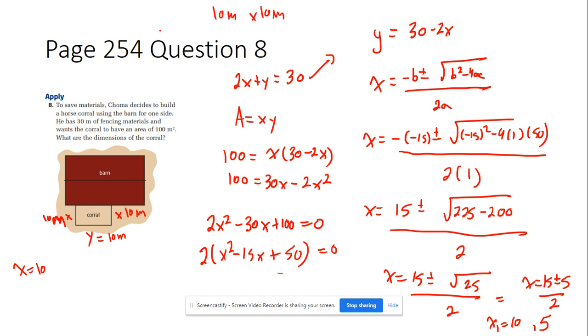Or it could be, if x is 5 meters, 5 meters, 5 meters, then 5 plus 5 is 10, and we have 30 altogether, that means this is 20 meters like this. So it's 5 meters by 20 meters. Okay, so that's going to work as well. There are two different possible solutions for this guy over here.